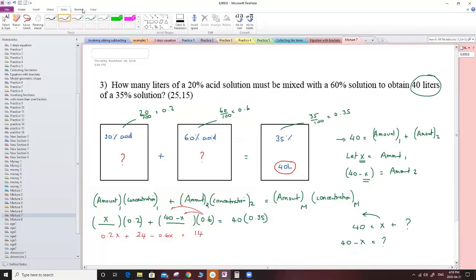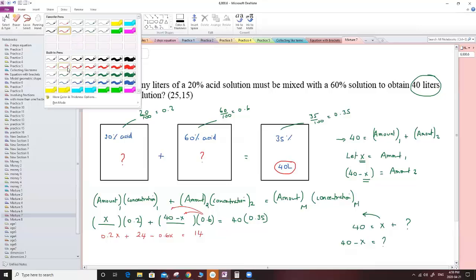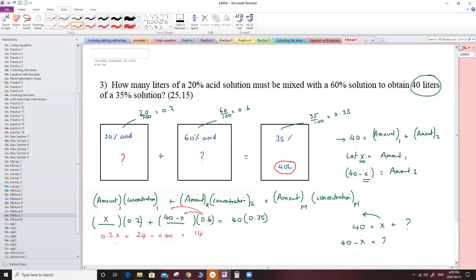Now I can combine all the x's together. So 0.2 minus 0.6 means minus 0.4x, equals, I can transfer the 24 to the other side, negative 24 plus 14. In general, it's going to give me negative 10.